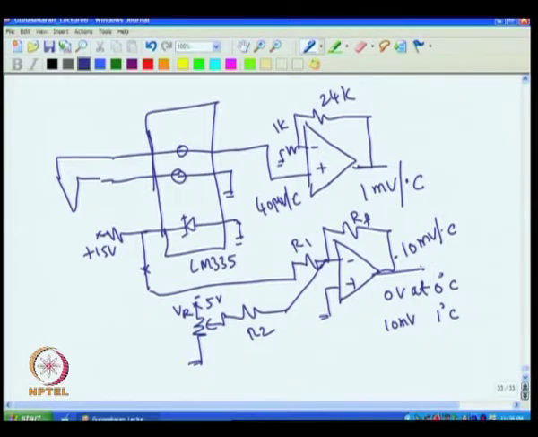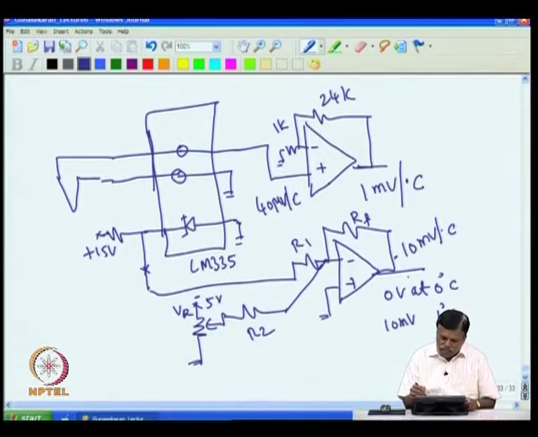So that is good, because of course we want to add this and this. So this and this should be of the same polarity, and then this 10 millivolt is supposed to be made into 1 millivolt and added. Now there are two ways of doing this.